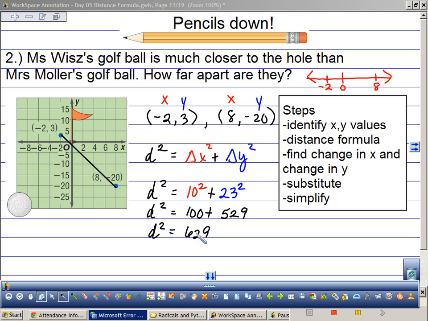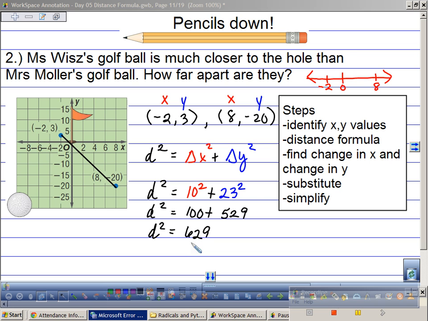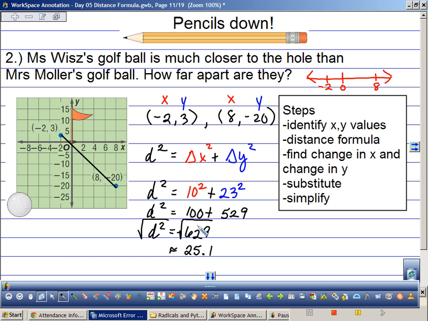Do you guys know that magic number that's close to 629? 25 is 625. 25 squared is 625. So the square root of 629 is my correct answer. My approximated value would be 25 point, I'm guessing 1. That's pretty close to 625, right? Remember, I want both.